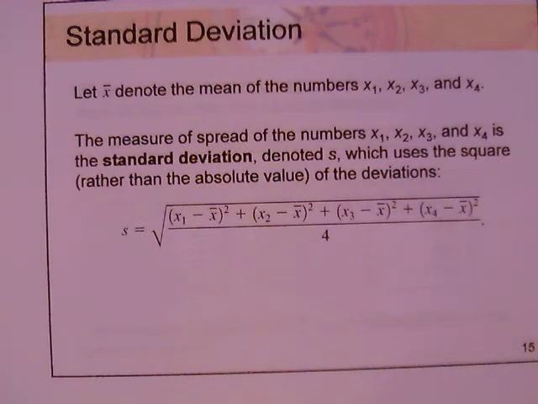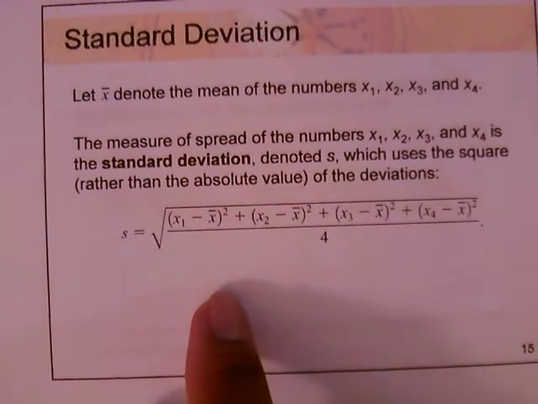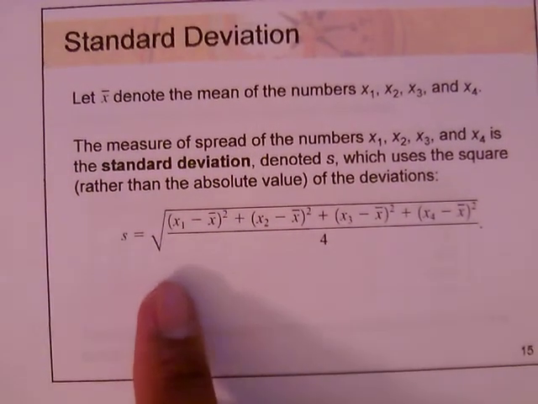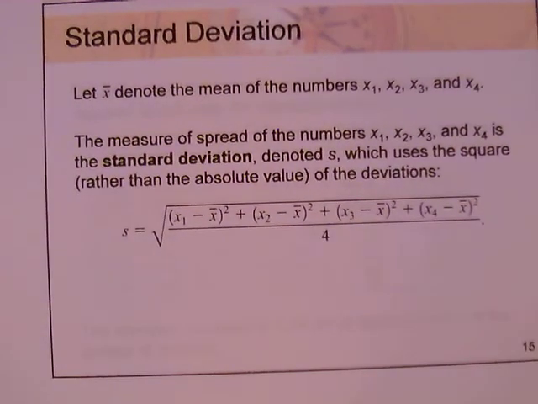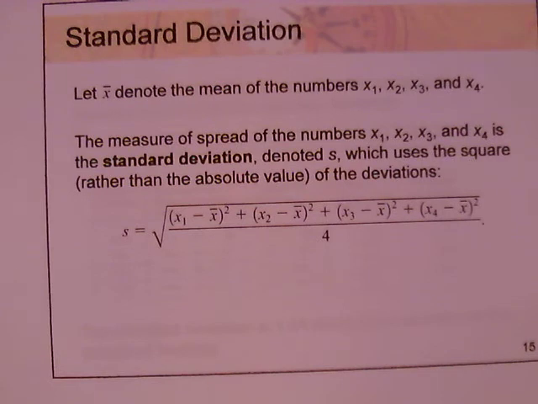So this is the formula for finding the standard deviation. s is equal to the square root of the quantity (x1 minus x bar) squared plus (x2 minus x bar) squared plus (x3 minus x bar) squared plus (x4 minus x bar) squared, all divided by 4.